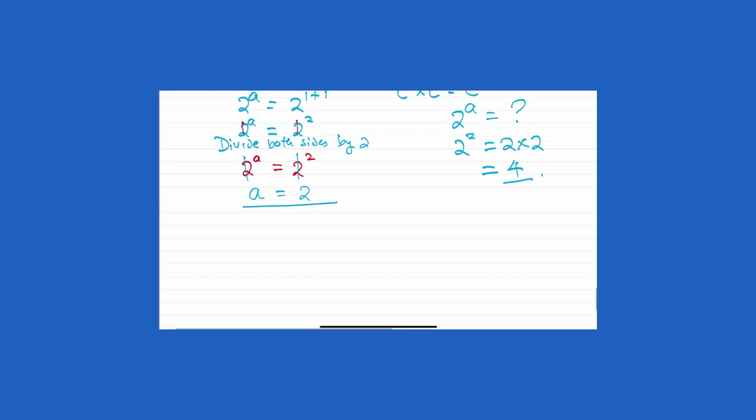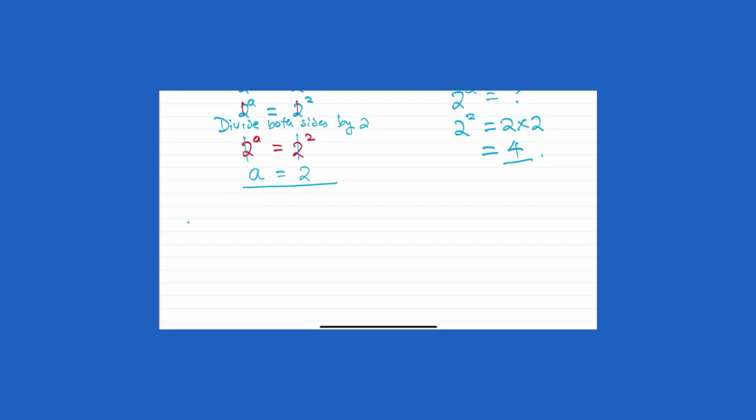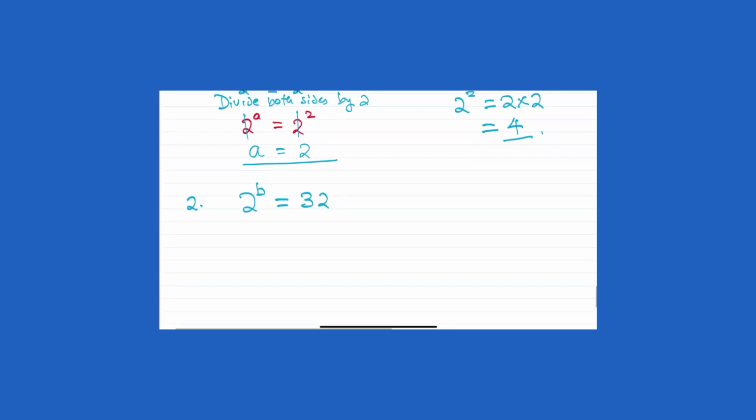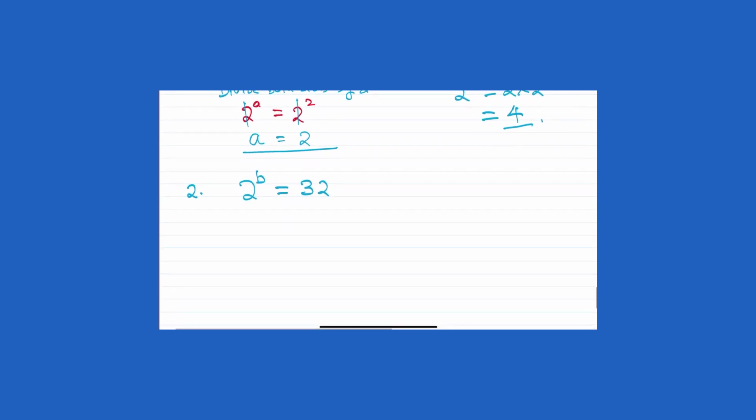So let's move on now to number 2. For number 2, we have 2 to the power of b equals 32. We are going to use the same approach that we used in number 1 to solve this question. And if you look on the right hand side, we have 32. The number is a bit bigger than 4.